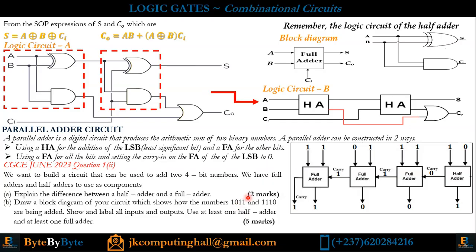So 1011, then 1110. I hope you are seeing. Don't be confused. So this is for the first digit corresponding with the first binary number 1011, as you can see here. Then 1110 for this second binary number.